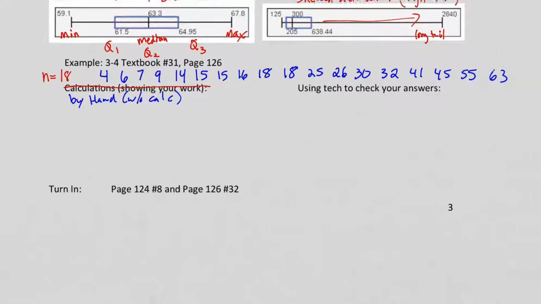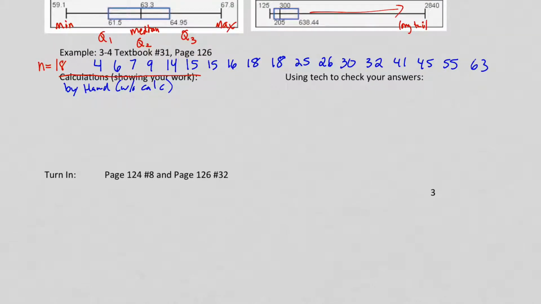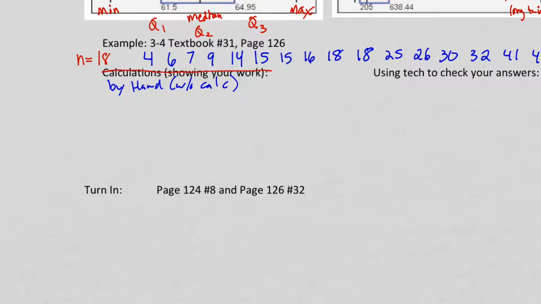But anyways, we want to do our 5-number summary. And that means we're going to find the minimum, Q1.